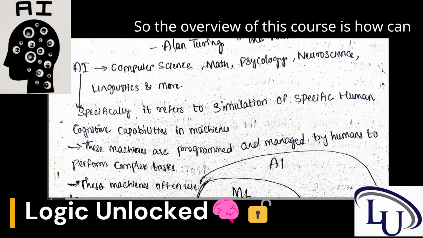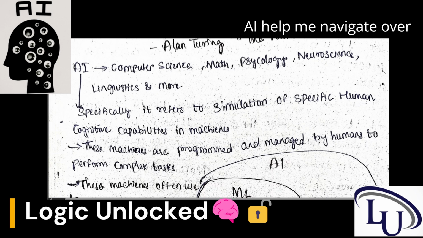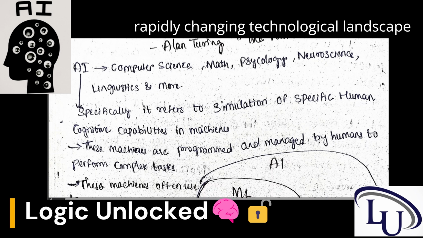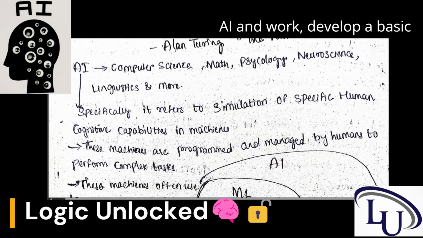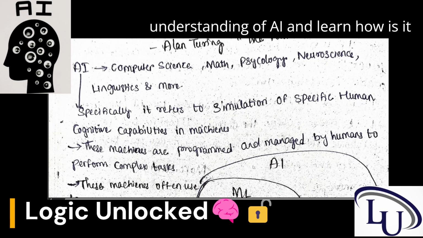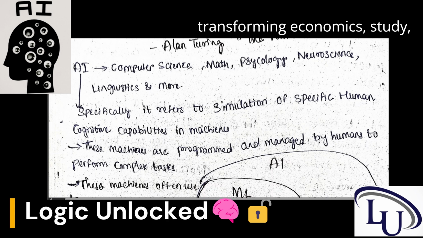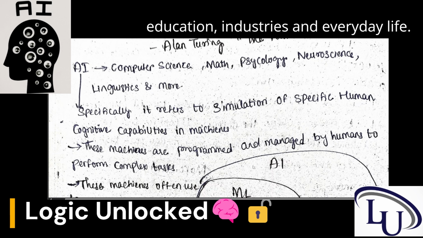So, the overview of this course is: how can AI help me navigate our rapidly changing technological landscape and prepare for the future of AI and work, develop a basic understanding of AI, and learn how it is transforming economics, study, education, industries and everyday life.